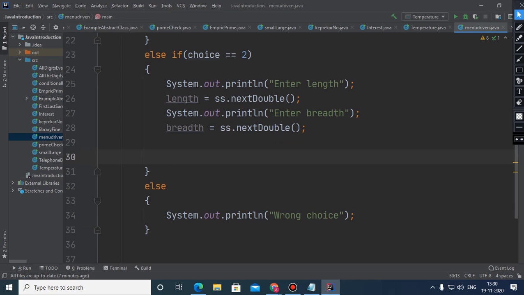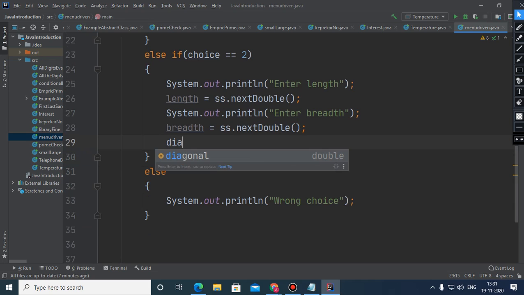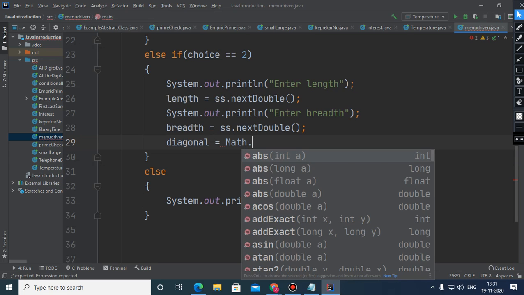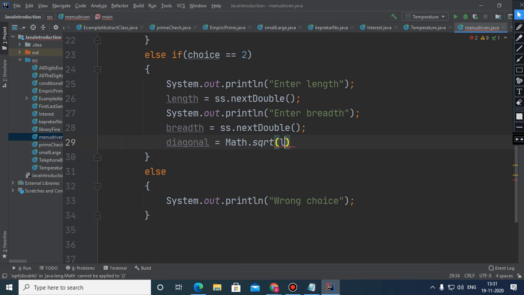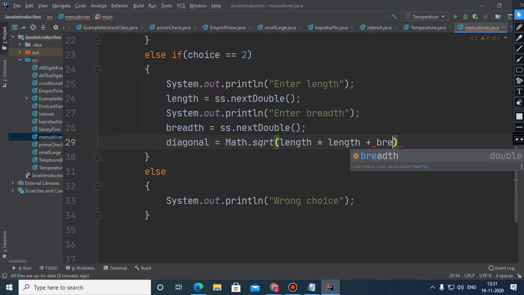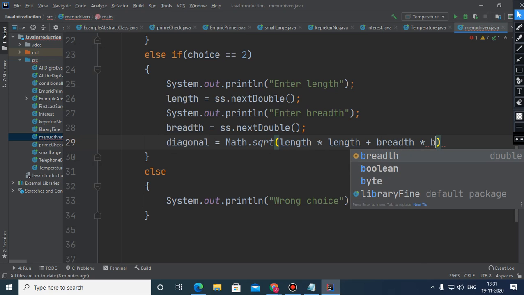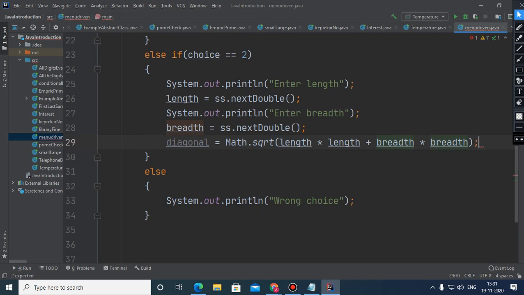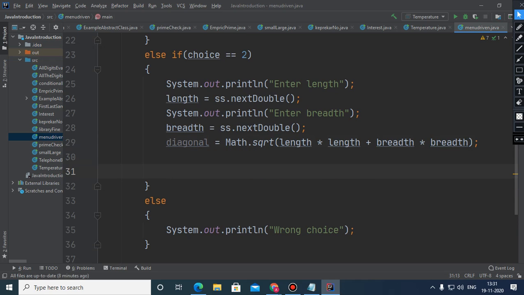And now diagonal is Math.sqrt of length into length plus breadth into breadth. This is the formula, that is the square root of the square of the length plus the square of the breadth.